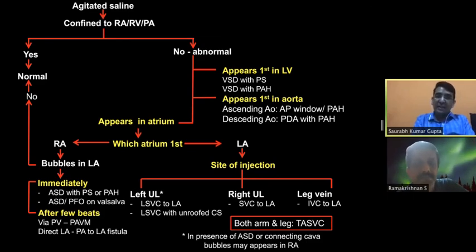So use that and use a good injection. Half the time, our injections are half-hearted. If your injection is half-hearted, please make it full-hearted first, and then most of the time transthoracic echo would be sufficient. But yes, TE should be done.